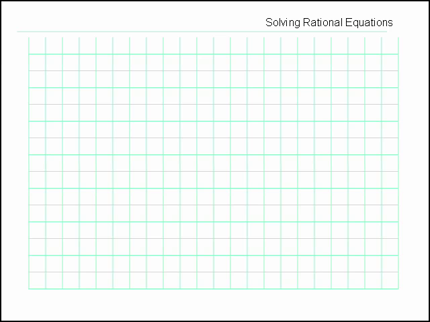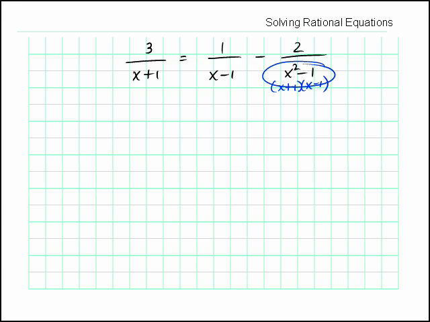Let's try this one now. 3 over x plus 1 equals 1 over x minus 1 minus 2 over x squared minus 1. Just like the previous example, I notice right here that x squared minus 1 factors to x plus 1, x minus 1.